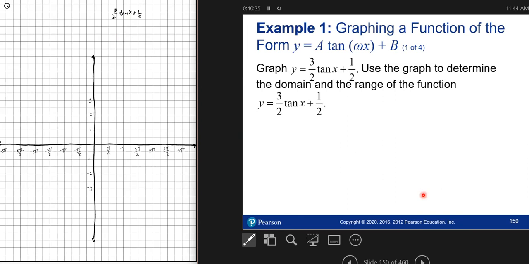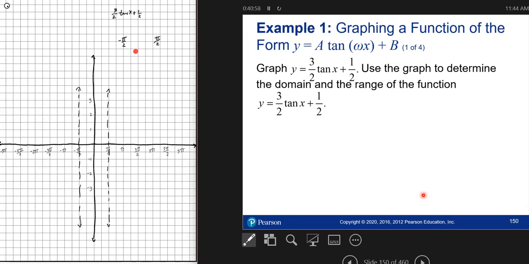My period stays from negative pi over 2 to pi over 2. So it's going to stay between here and here for my fundamental period, my primary cycle.